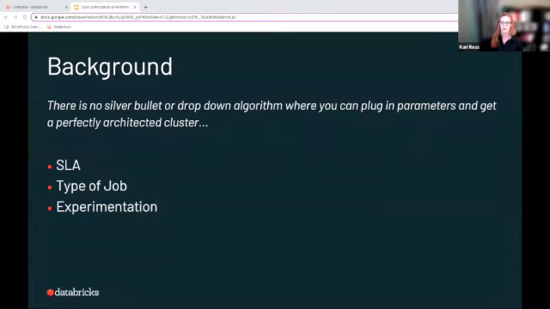Experimentation is actually relatively cheap, so we always recommend people think about experimenting. We're going to give these tips on how to get the rough order of magnitude, but you need to think about whether the perfectly architected cluster is the most important, or whether getting that perfect cluster is delaying your development time and actually rolling into production.